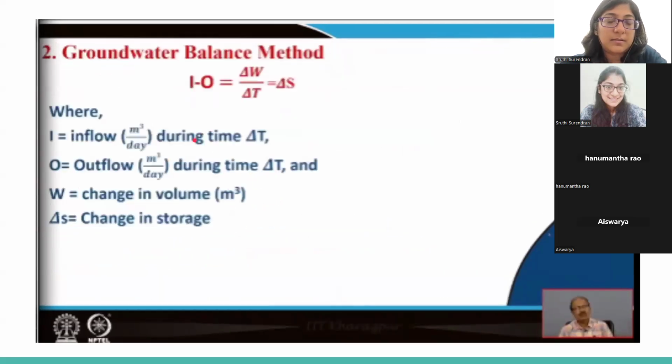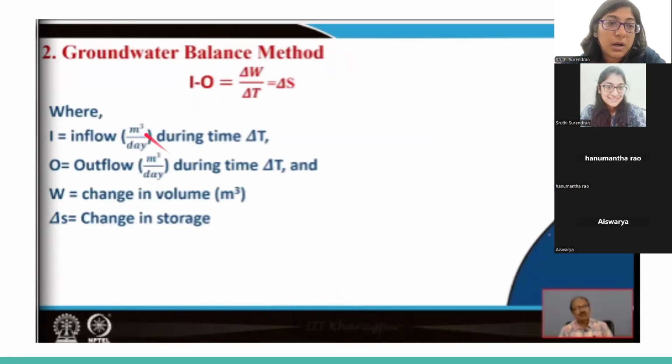The next method is the water balance method. Like we had studied about the water balance method, precipitation, inflow minus outflow is equal to change in storage. It is the same here, except that it is talking about the groundwater balance, while the other one includes all of the elements of water: surface water, groundwater flow, infiltration, everything.